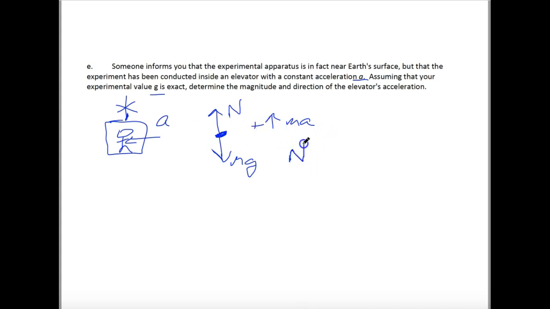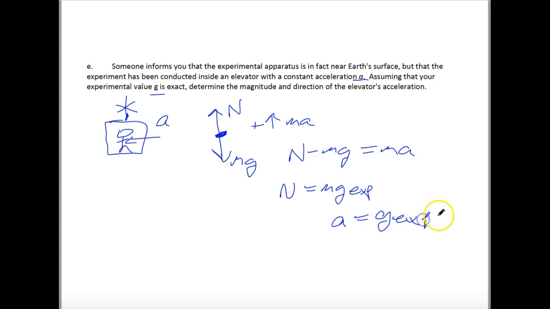So now we're going to do an equation. N minus mg is equal to ma. So here we could say that N is equal to m g experimental is what we found. So our acceleration here is equal to g experimental minus g.